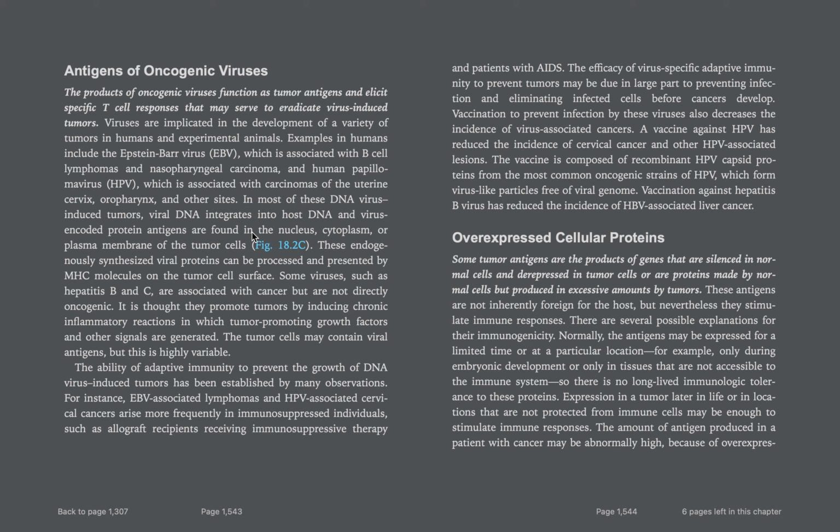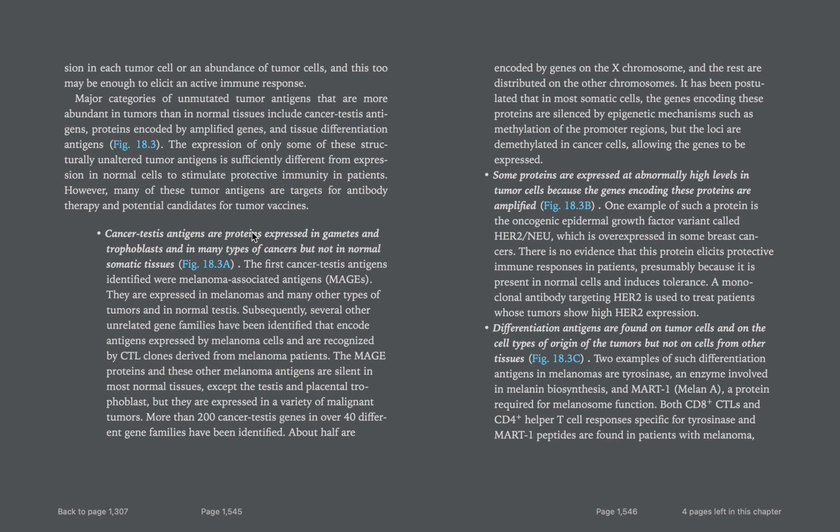Expression in a tumor later in life or in locations that are not protected from immune cells may be enough to stimulate an immune response. The amount of antigen produced in a patient with cancer may be abnormally high because of overexpression in each tumor cell and an abundance of tumor cells, and these too may be enough to elicit an active immune response.